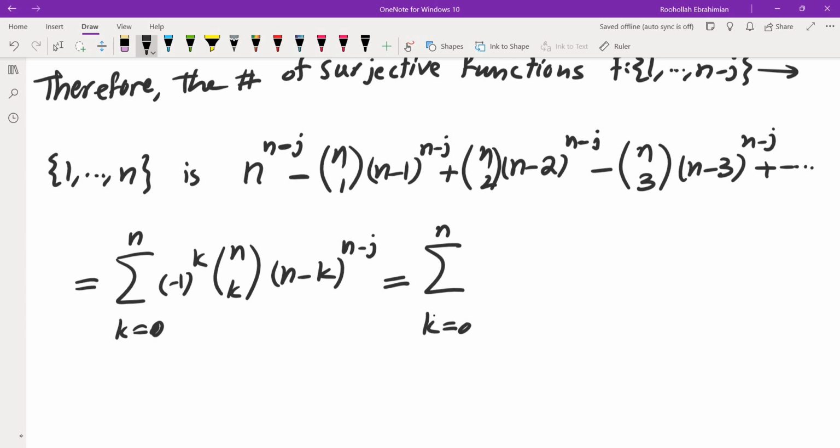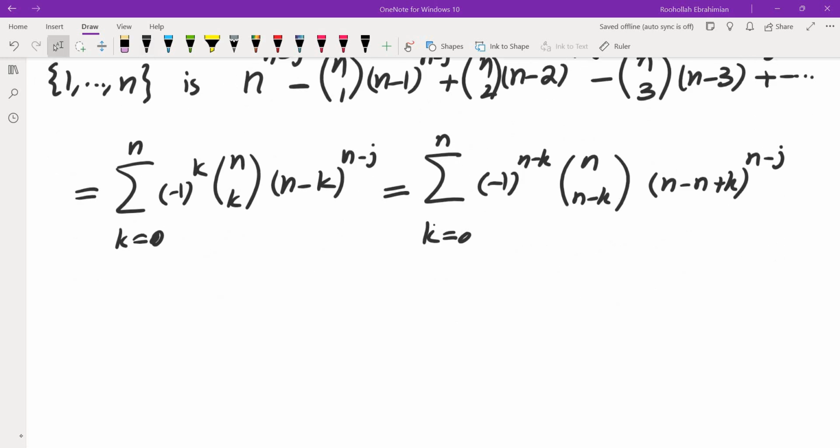When I do that, n minus k also goes from 0 to n, since when k is 0, n minus k is n, and when k is n, n minus k is 0. So it would be negative 1 to the power of n minus k, n choose n minus k, n minus (n minus k), which is n minus n plus k, which is equal to k.